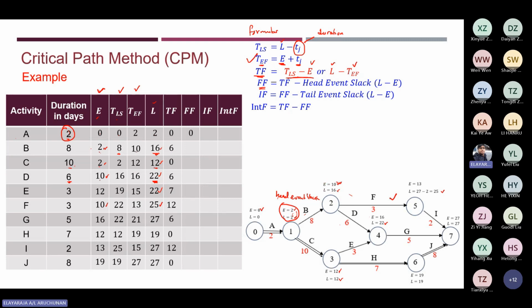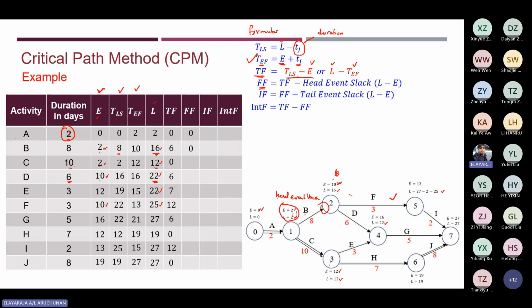The head event slack at activity B is 16 minus 10, which gives you 6. So 6 minus 6, you get a 0. So 0 here.